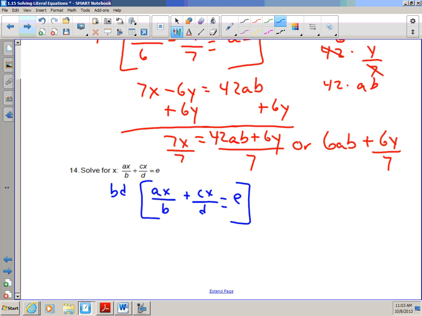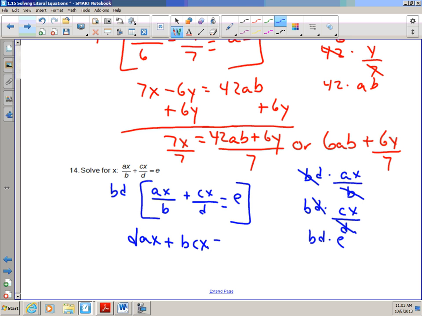b, d. So the way to view it, I'm doing bd times ax over b, bd times cx over d, and bd times e. My common factors cancel, so what am I left with? dax plus bcx equals bde.